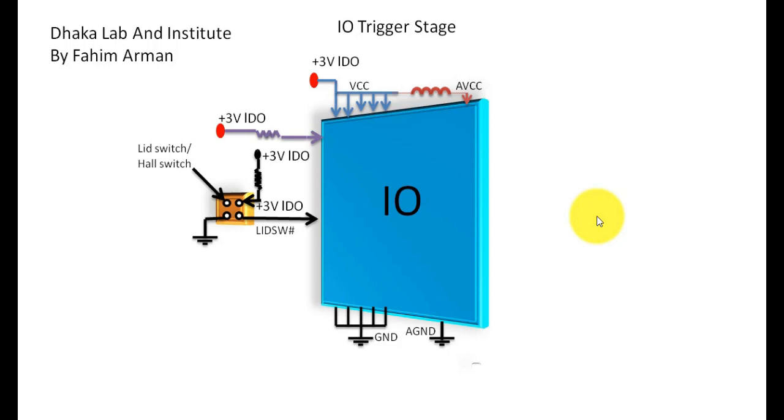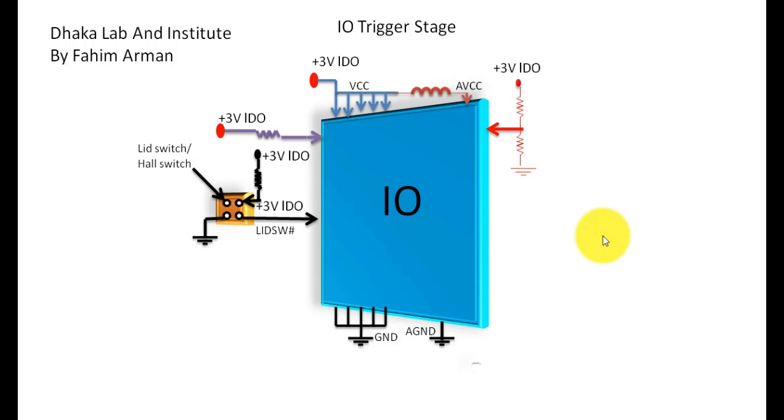This is very important also, and this switch works by plus 3 volt LDO, and this switch creates a signal named LID_SW#, and it will enter into the IO chip.